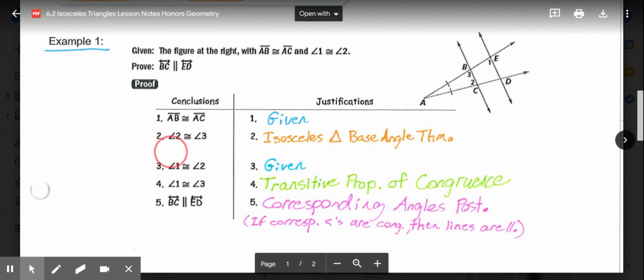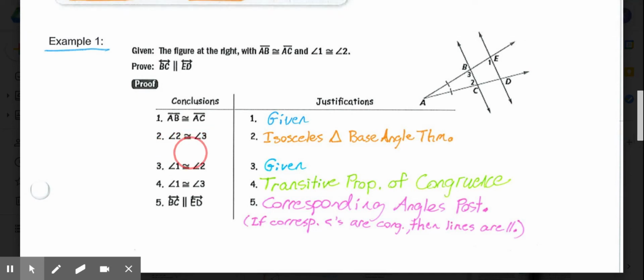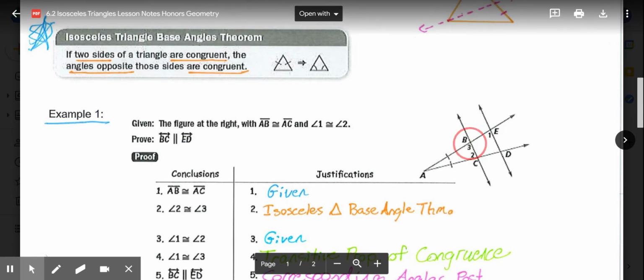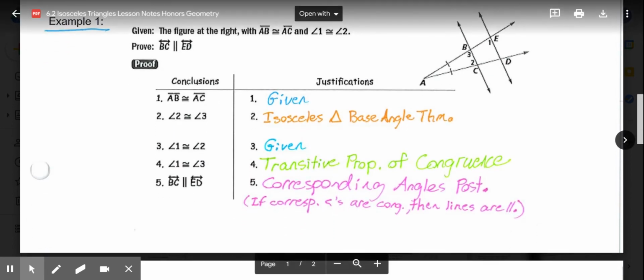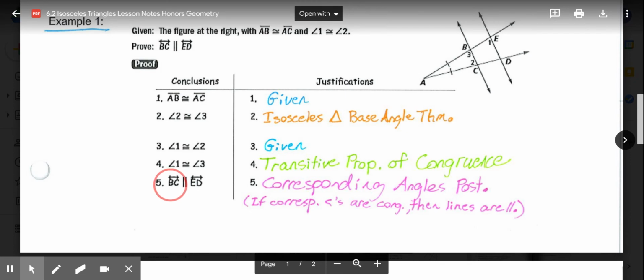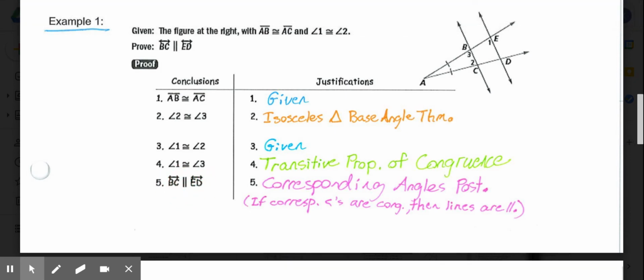If 2 is congruent to 3 and 1 is congruent to 2, the transitive property of congruence allows us to say angle 1 is congruent to angle 3. If we look at angles 1 and 3 in relation to lines BC and ED, they are corresponding angles. So if corresponding angles are congruent, we can use the corresponding angles postulate to state that lines BC and ED are parallel.